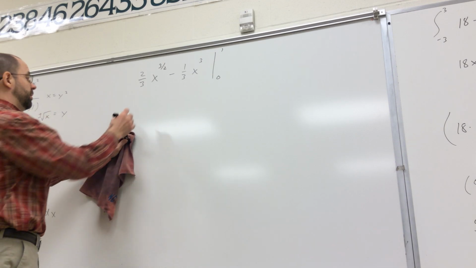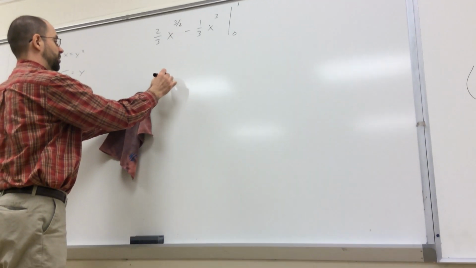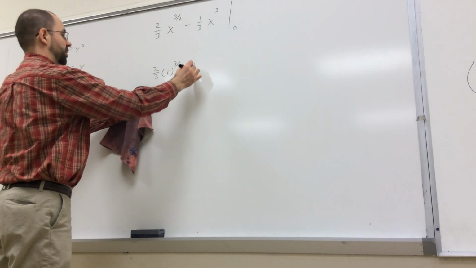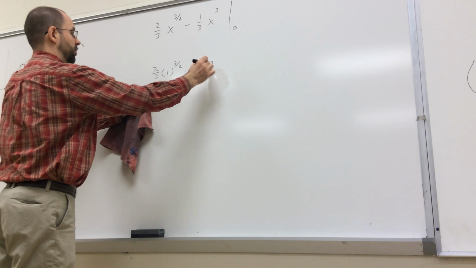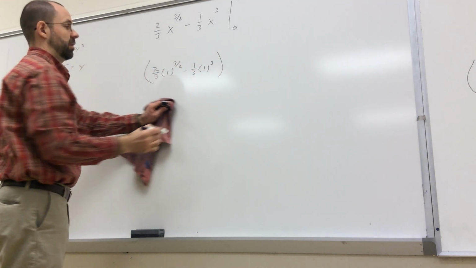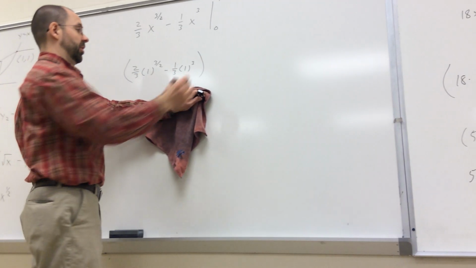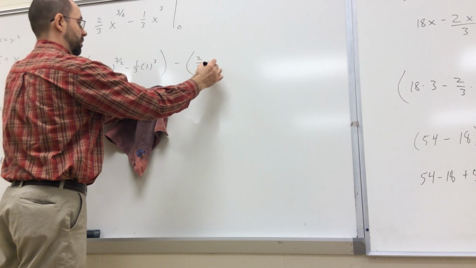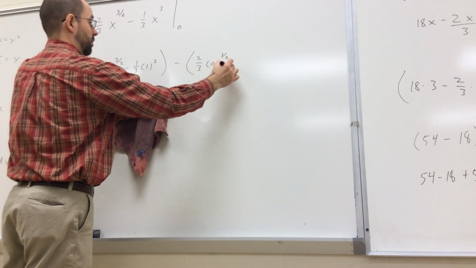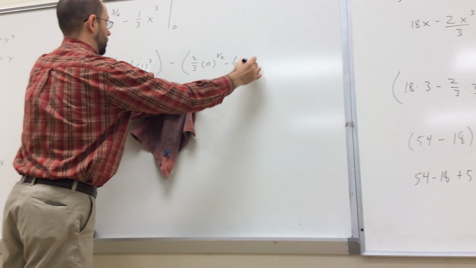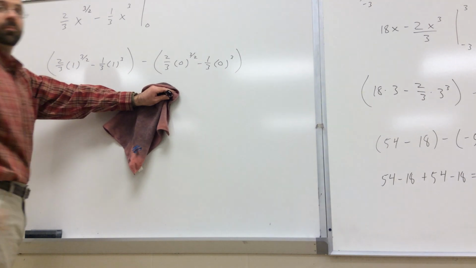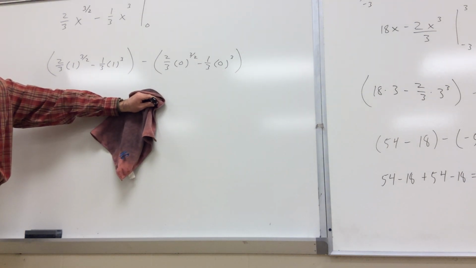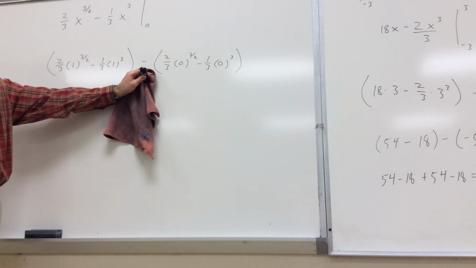Then you plug in 1, so that's 2/3 times 1 to the 3/2 minus 1/3 times 1 cubed. And then you plug in 0. And then you subtract.